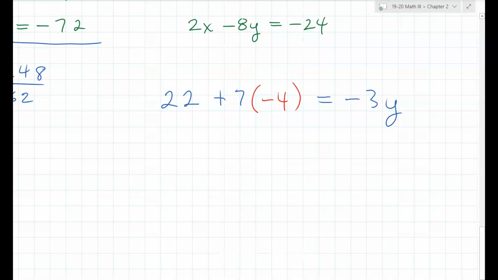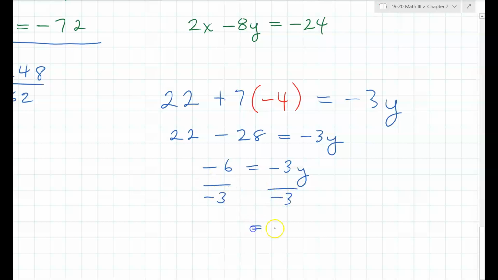Now, I know that 7 times negative 4 is negative 28. So that's 22 minus 28 equals negative 3y. 22 minus 28 is negative 6. So that's negative 3y. And if I divide both sides by negative 3, what's my answer? What do I get? 2. Thank you. So y is 2.